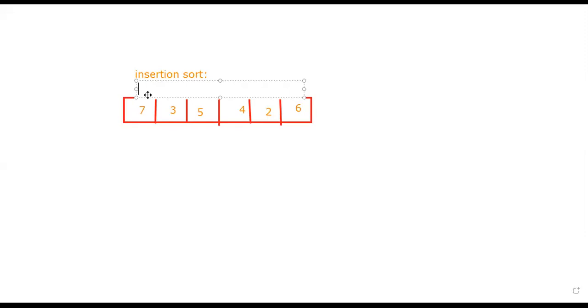My index starts from 0. I'm inserting the index values also, so that it is very clear to all of you. This is index 0, this is index 1, this is 2, and this is 3. If you really understand the sorting techniques, you will enjoy playing with these algorithms.